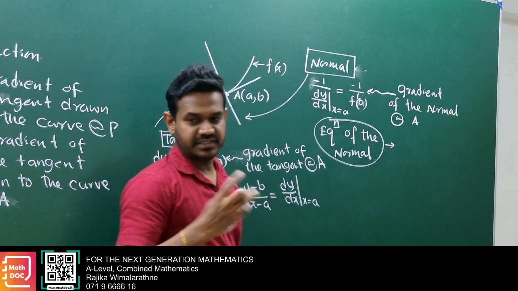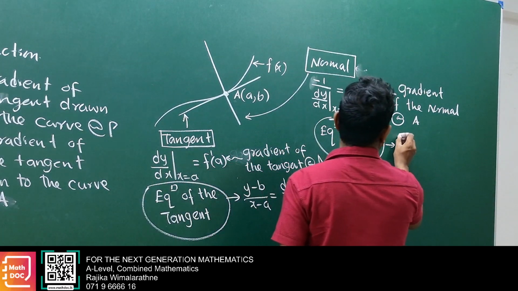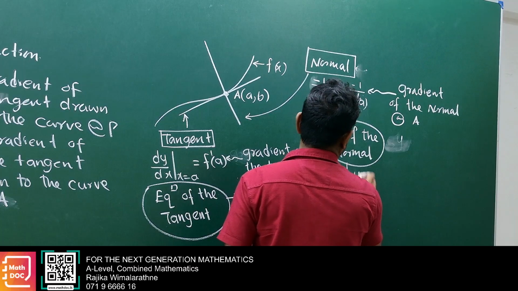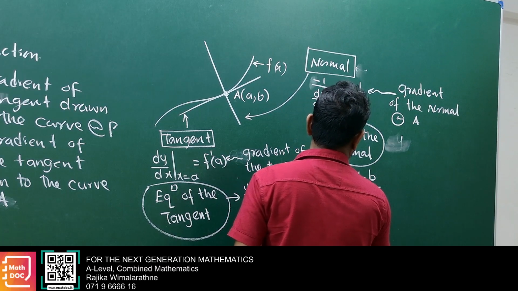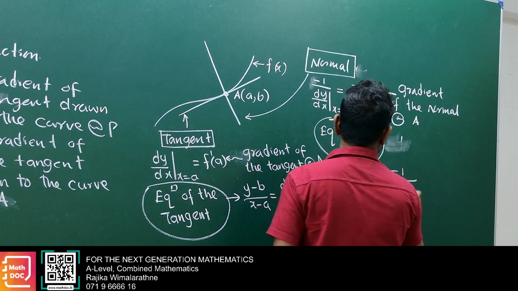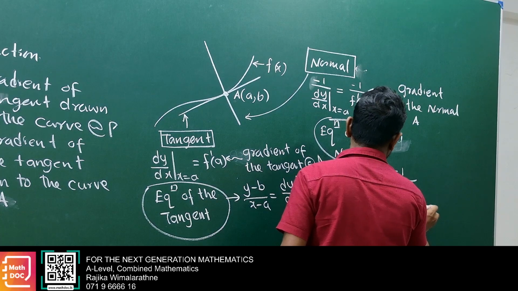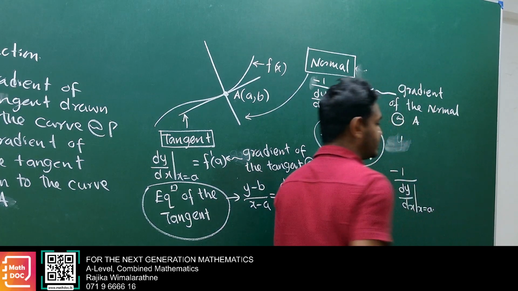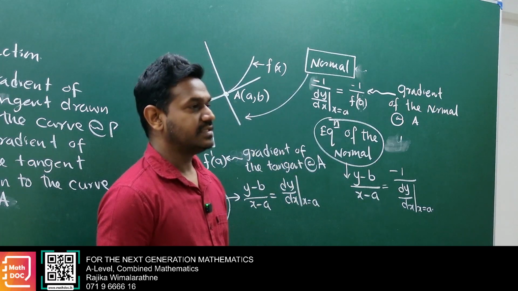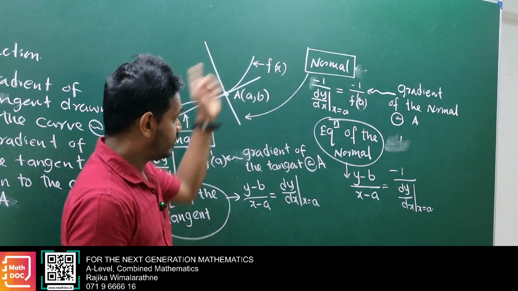Then y difference over x difference equals the gradient. So you write (y minus b) over (x minus a) equals minus 1 over dy/dx at x = a. So definitely there will be questions regarding tangents and normals. That's how we go. Okay, put that note down as well.